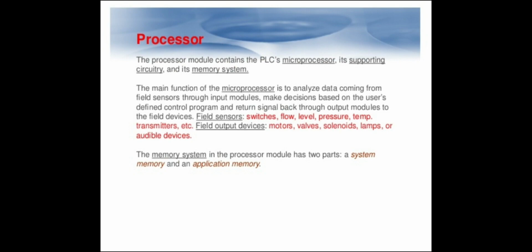Field sensors like switches, flow, level, pressure, temperature and transmitter sensors are used. Field output devices are motors, valves, solenoids, lamps or audible devices. The memory system in the processor module has two parts: first is the system memory and second is the application memory.